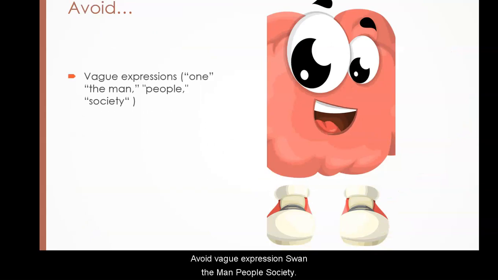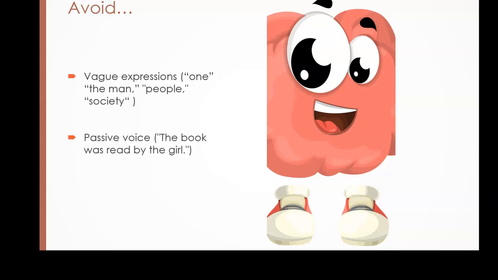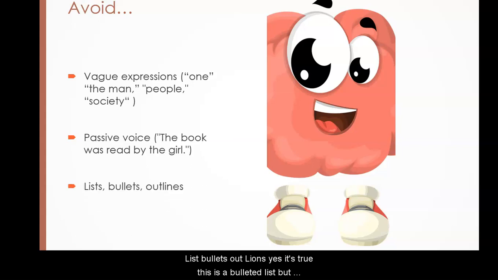Avoid vague expressions: one, the man, people, society. Passive voice: the book was read by the girl. Try the girl read the book instead. Lists, bullets, outlines. Yes, it's true, this is a bulleted list, but this is not an essay, right? This is a lecture. We're talking about tone in an academic essay.